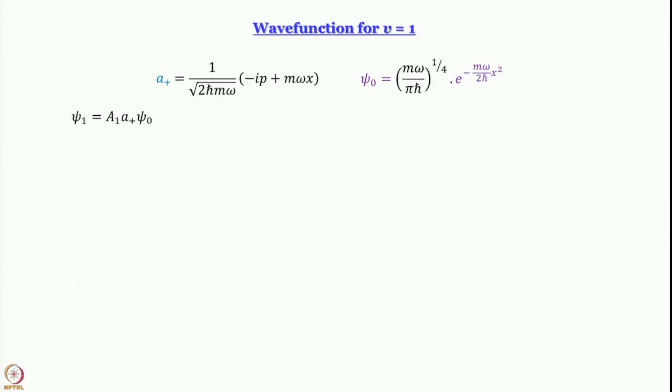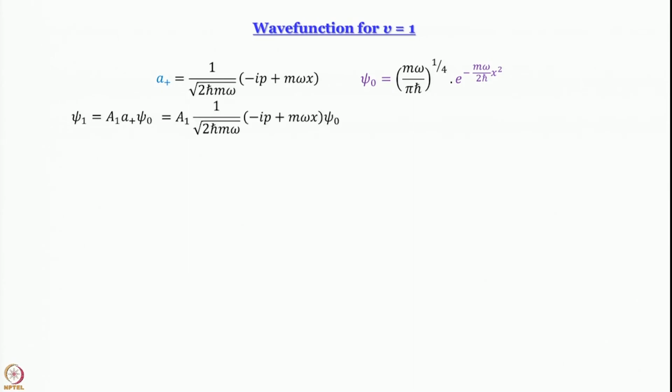So, we are going to get psi 1 as A plus psi 0, but we should not forget the constant A1, because there is no guarantee that A plus psi 0 is a normalized wave function. So, psi 1, the wave function for V equal to 1, is A1 multiplied by A plus psi 0. Okay? So far so good, let us get ahead.